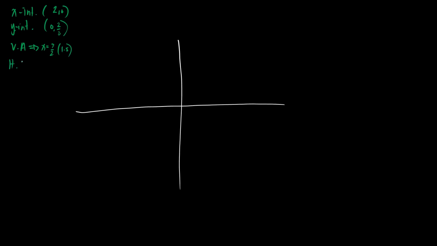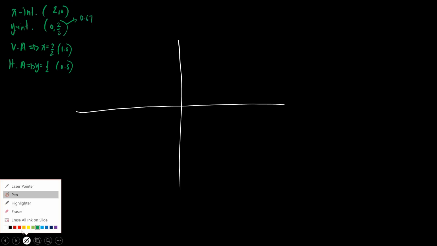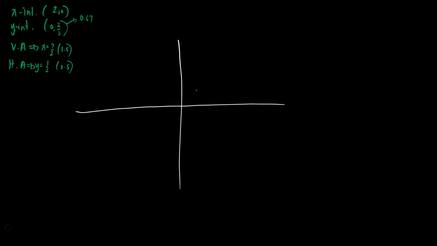Our horizontal asymptote is y is equal to 1/2 or 0.5. Yung 2/3 equivalent niyan sa decimal is 0.67. Mas madali kasi class kapag naka-decimal. Okay, mas mabilis natin makikita.